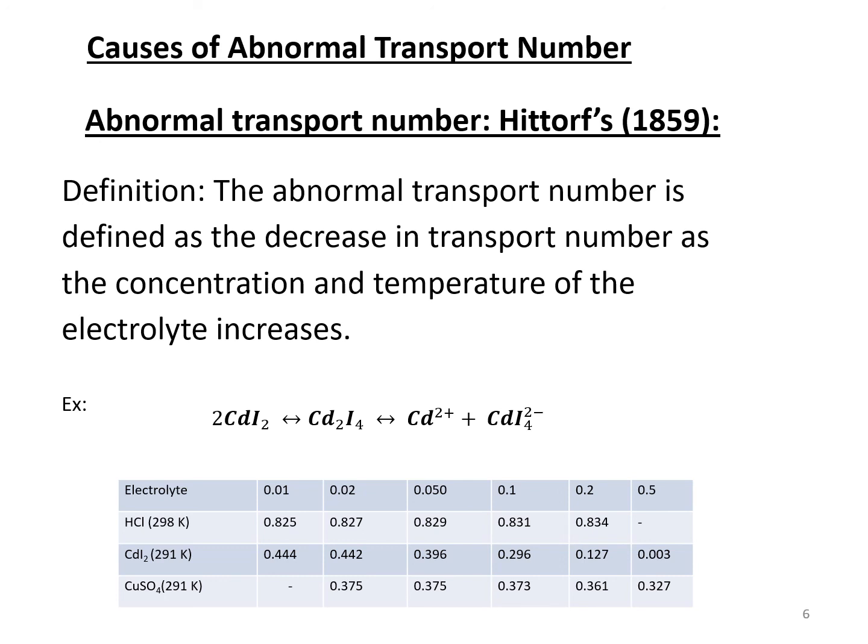Generally, the transport number, otherwise called the transference number, increases with increase in concentration of the solution and temperature. But in the case of cadmium iodide, the transport number of the cadmium 2 plus ion at higher concentration shows abnormal behavior. That means the transport number of Cd2 plus decreases with increase in concentration.